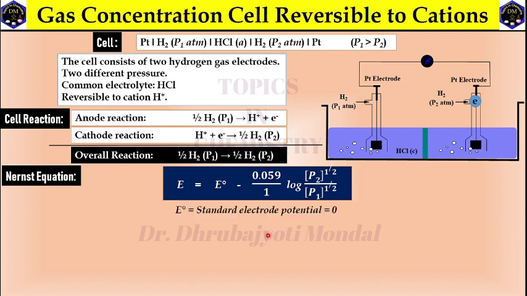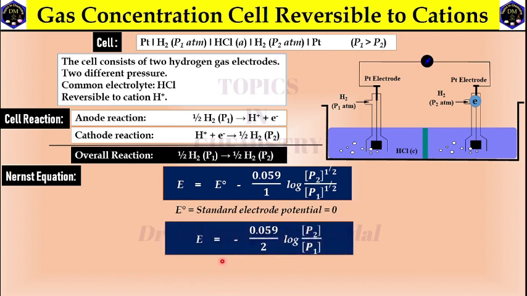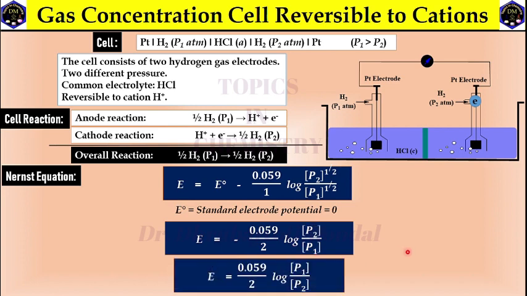So here you can see E0, and you know that the standard electrode potential for the hydrogen electrode is 0, so you can write E0 is equal to 0. So what can I write? E is equal to minus 0.059 by 2 log P2 by P1. And finally you can write E is equal to 0.059 by 2 log P1 by P2.